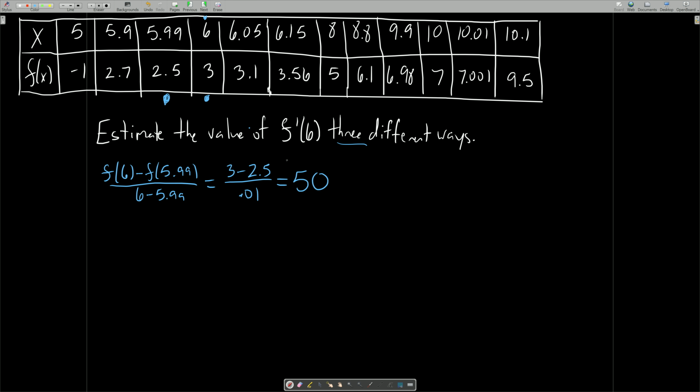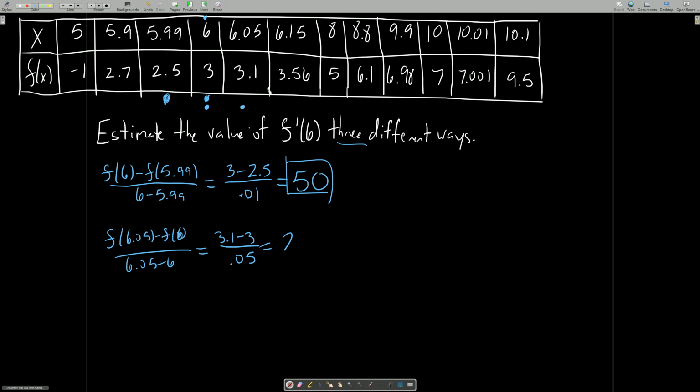Now another way you could do it is by using 6 and 6.05. Just plug those values in. If you compute that, you're going to get a slope of 2.